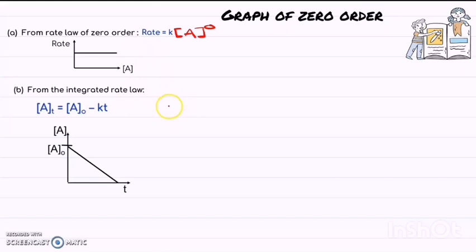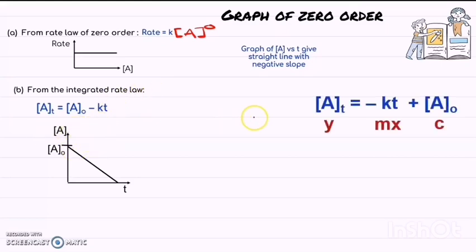Second graph that you have to know is from the integrated rate law. We know that zero order has At equal to A naught minus kt as integrated rate equation. So, when we plot graph A versus t, you will get a straight line with negative slope. Let's have a closer look at this graph.